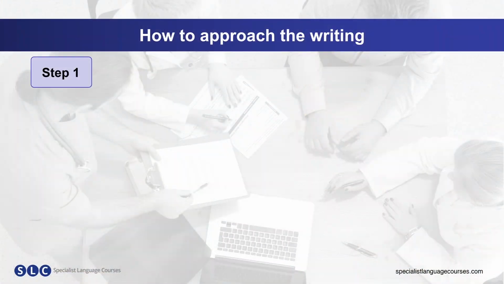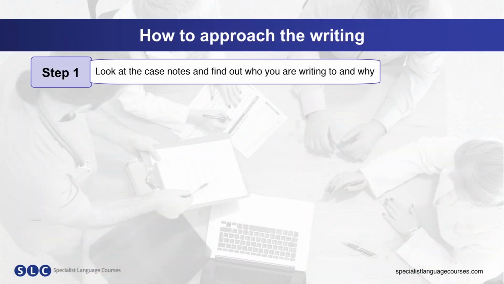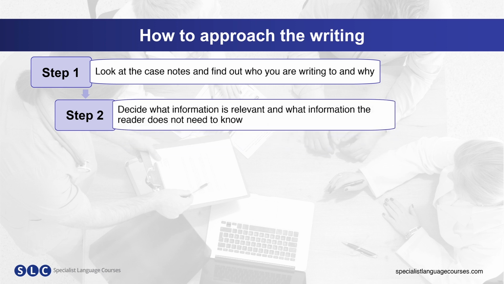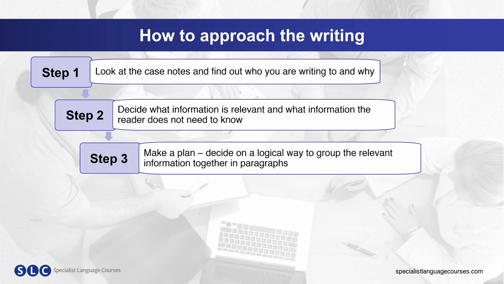So how should you approach the writing paper? Here are some steps you can follow. Step 1, you should read the case notes and find out who you are writing to, and most importantly, why. Step 2, decide what information is relevant and what information the reader does not need to know. Step 3, make a plan.